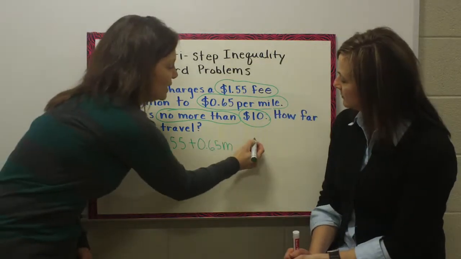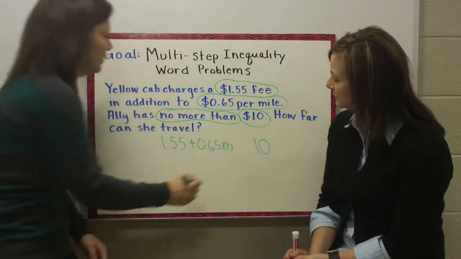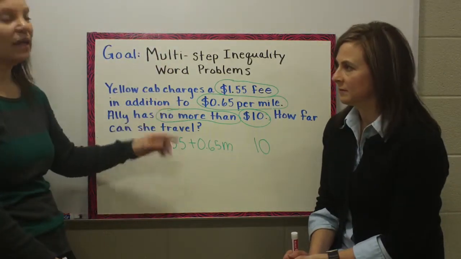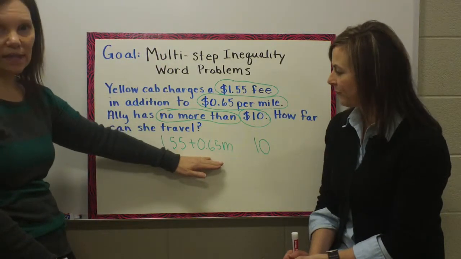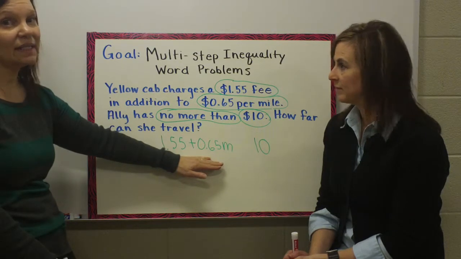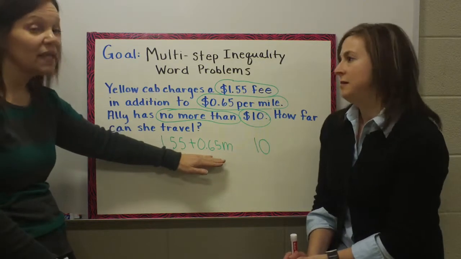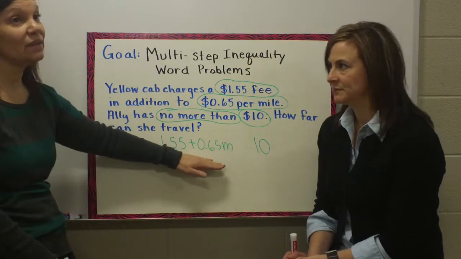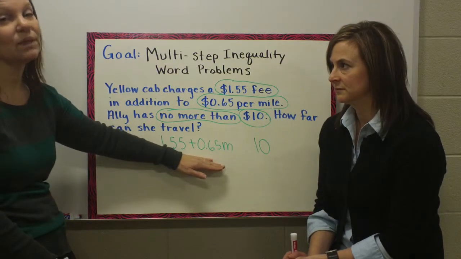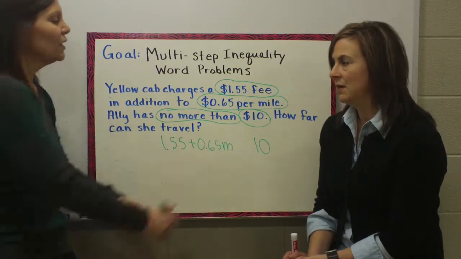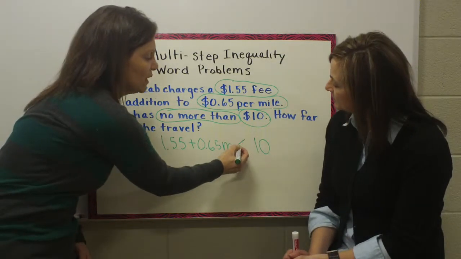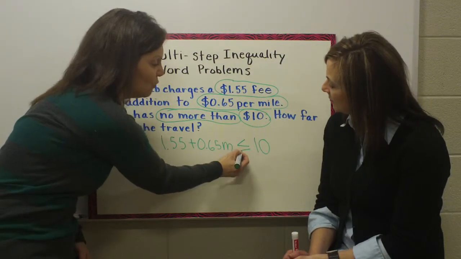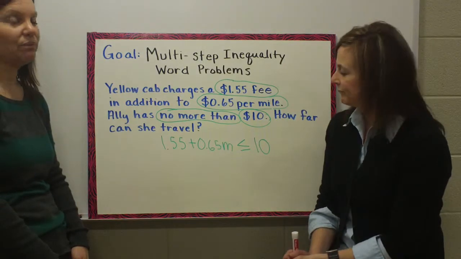Now she has $10 and I need to think about what this means. No more than. So this amount she's paying the taxi driver cannot exceed $10. It could be $10 or it might be $8 or $7 or $4, but it has to be less than that. So I am going to think it has to be less than that amount or it could be equal to my $10.